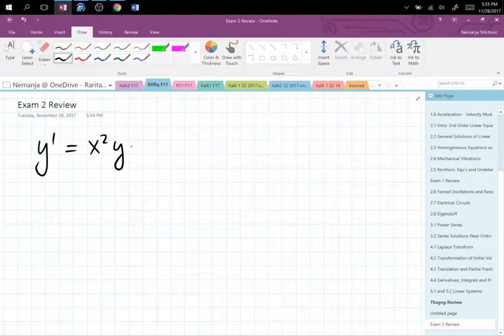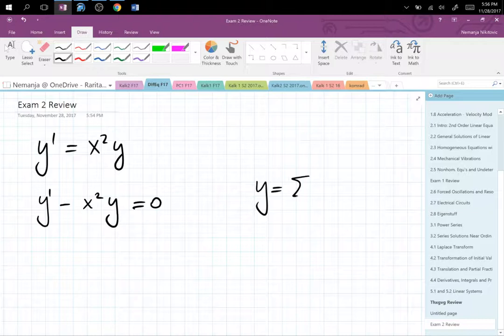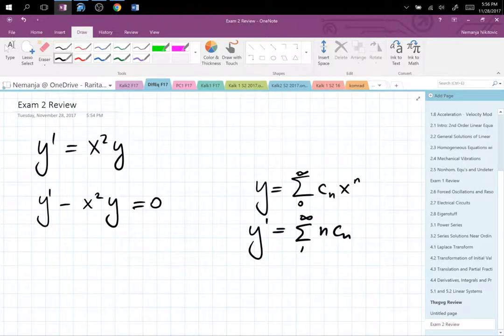What we are going to do is move everything to the left. And then we will assume that y is equal to some power series. I'm going to use n's. And the derivative of that would be the summation from 1 to infinity of n cn x to the n minus 1.